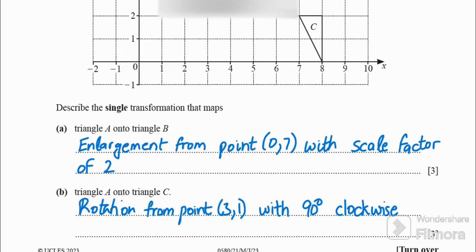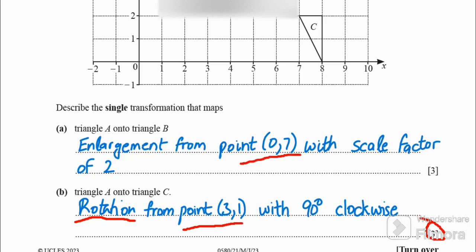It is important that you write these 3 things to get 3 marks. First one is, what type of transformation is this? Is it rotation, enlargement, translation, or reflection? First point you will get this. Then the second point will be from which point it is, like 3, 1 or 0, 7.